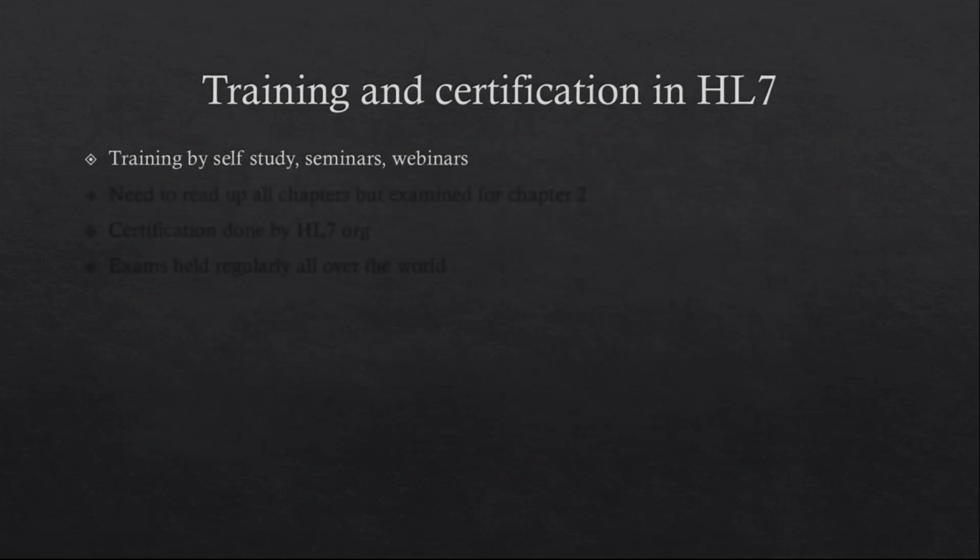For training, you can study by yourself or through webinars or seminars or by trainings like this. You need to read all chapters, but the exam will be specifically from chapter 2, which will cover 3 books, chapter 2, chapter 2A and chapter 2B. It contains 3 different books, and we'll be sharing that material with you. So you don't need to worry about purchasing them.